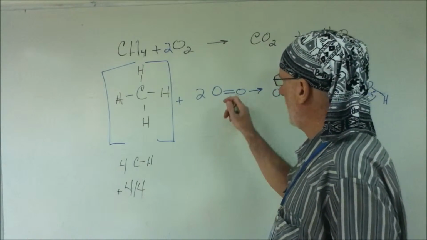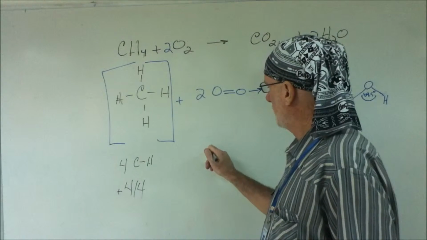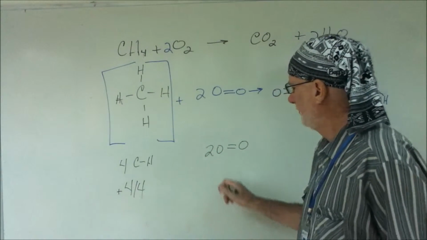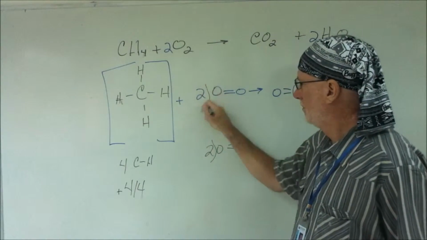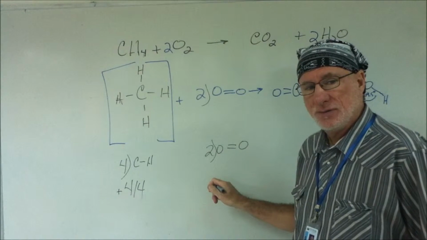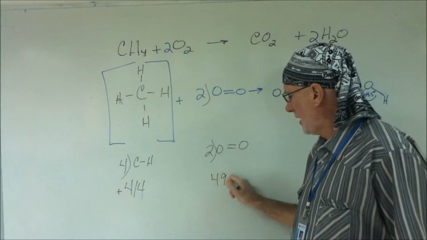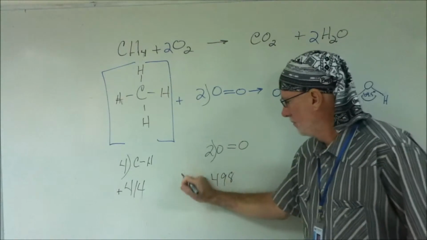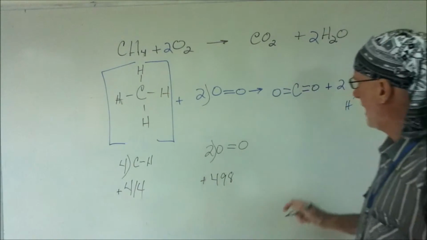All right, now what about oxygen double bonds? So we have 2 oxygen double bonds, okay? 498 each. Okay, good. And what about this?